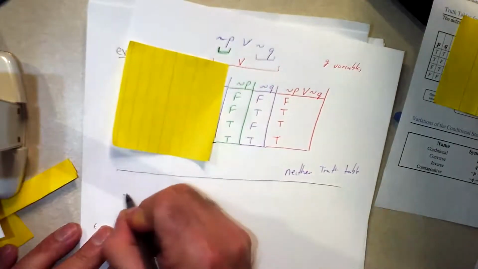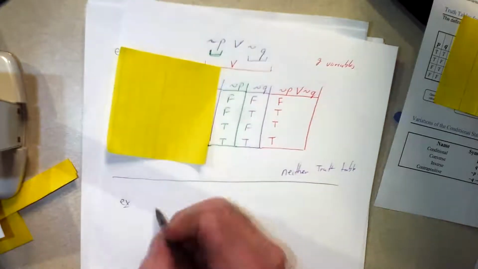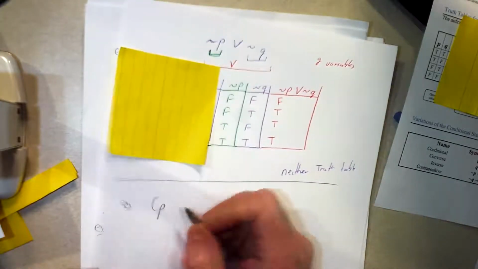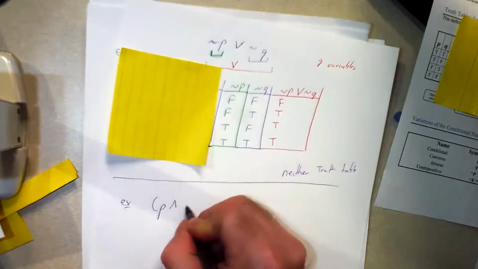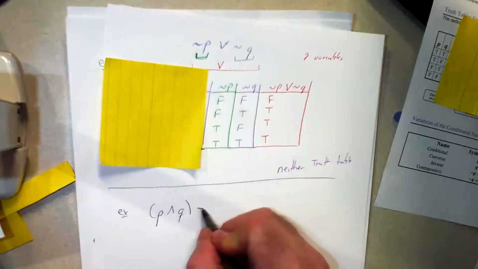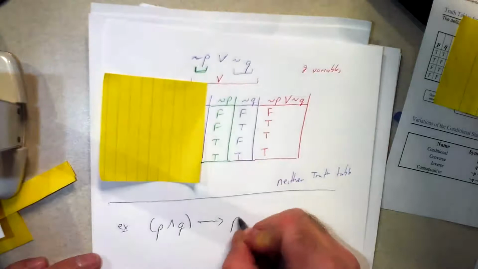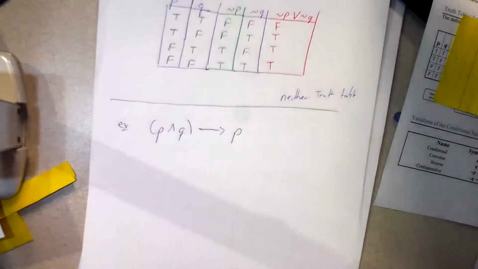Okay, the next one says to create a truth table for P and Q, parentheses, arrow, P. Okay, we're going to do a truth table for this one.